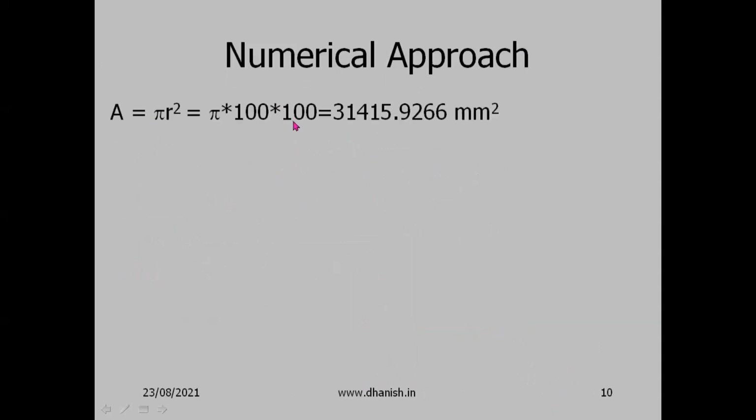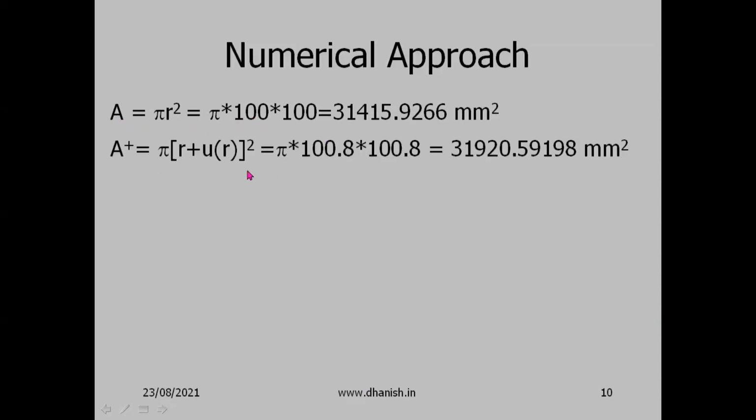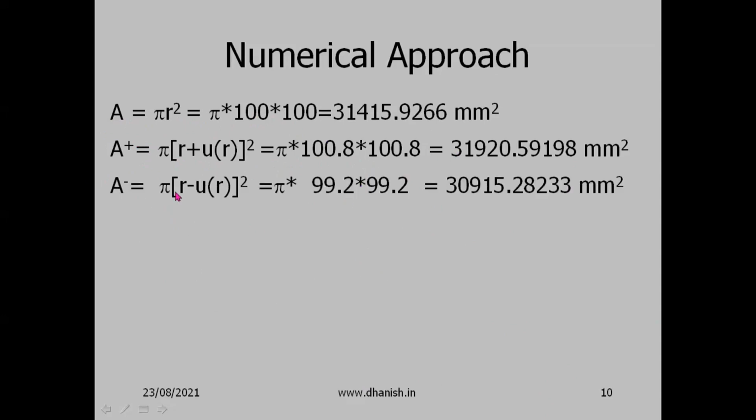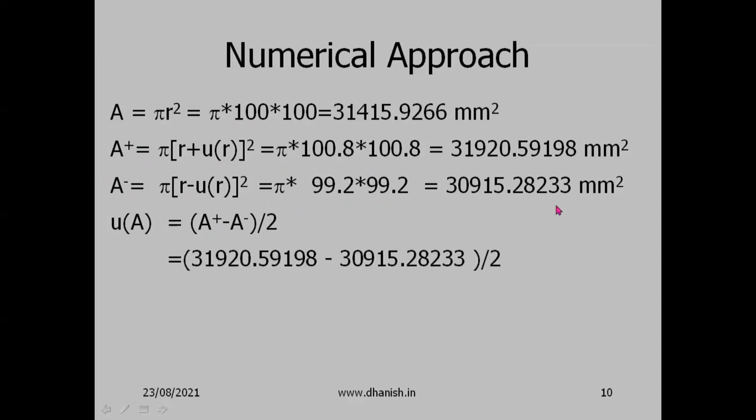So now let us apply this to the area problem. First determine the area at r equal to 100. Then increase r by the standard uncertainty, 100 plus 0.8, and determine the area, that is A plus. Then 100 minus 0.8, determine the area, that is A minus. Then the standard uncertainty of area is (A plus minus A minus) by 2.